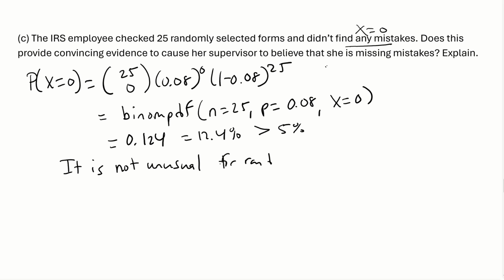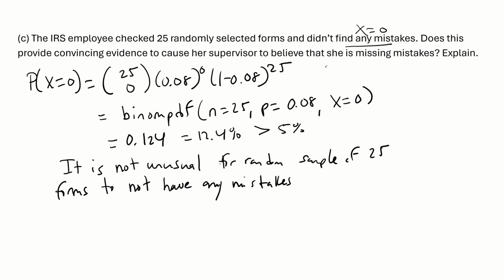So it is not unusual for a random sample of 25 forms to not have any mistakes, because 12.4% is greater than 5%. Therefore, it says supervisor, because we're talking about, does it cause a supervisor to believe that she's making mistakes?